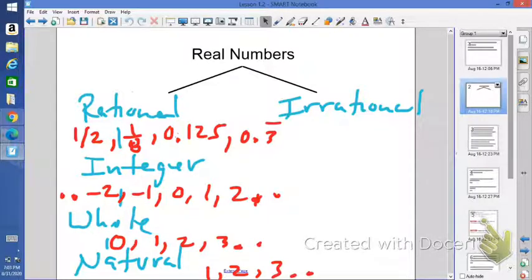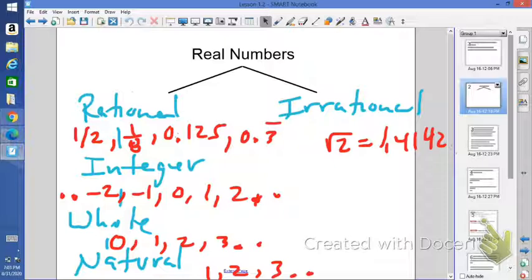Alright, irrational numbers. They have decimal representations that neither terminate nor repeat. So their decimal representations don't end. So the square root of 2, right, that equals 1.4142, and so on. It goes on and on.